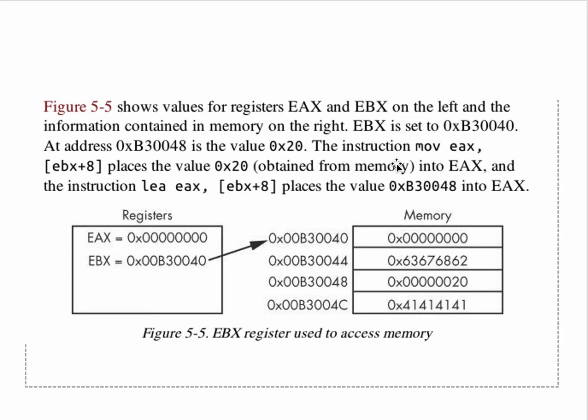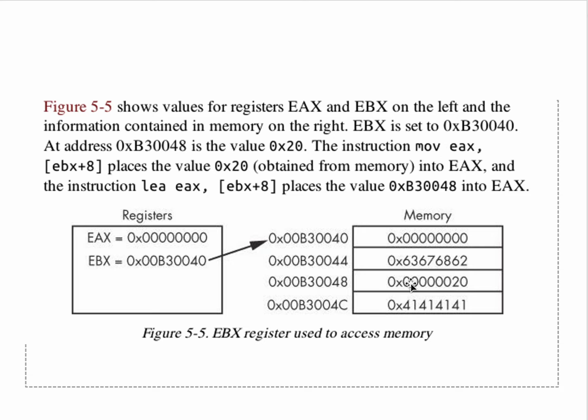Now the instruction mov EAX, [EBX+8] places the value 020, because EBX ends in 40, but it's adding 8. The fact that it's in open and closed brackets means that it's not storing EBX plus 8 literally. It's not storing 48 into EAX.